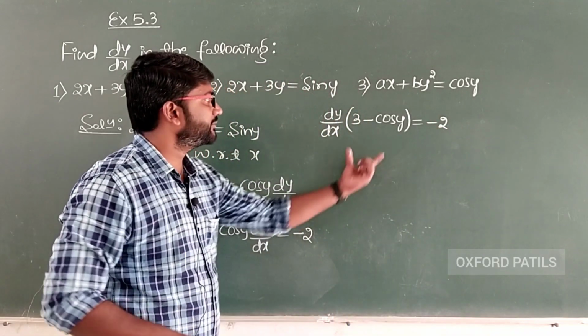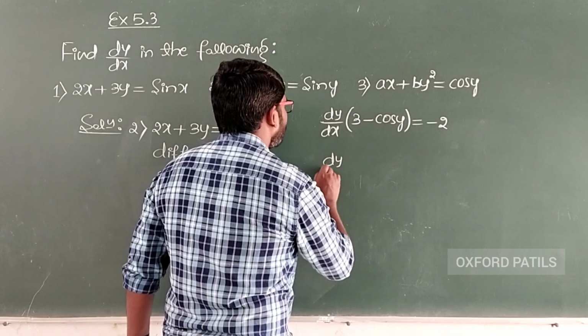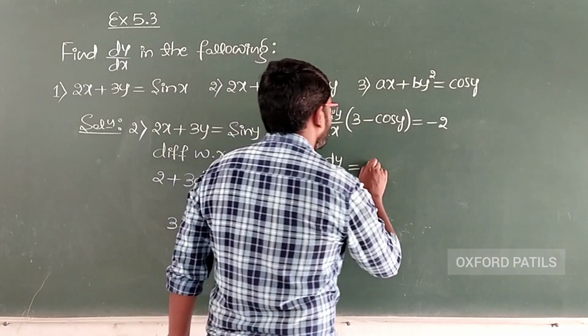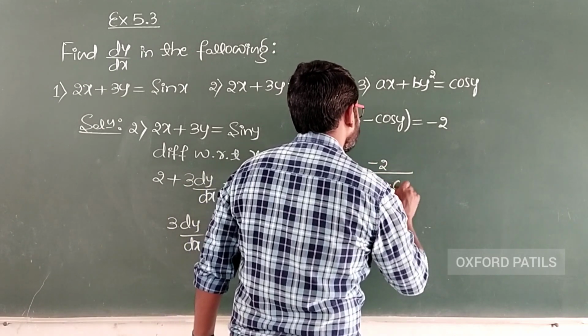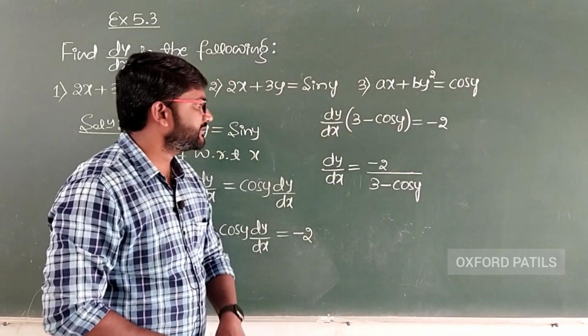Now take this term to the right hand side, so it goes to the denominator. Dy by dx is equals to minus 2 divided by 3 minus cos y. This is our final answer.